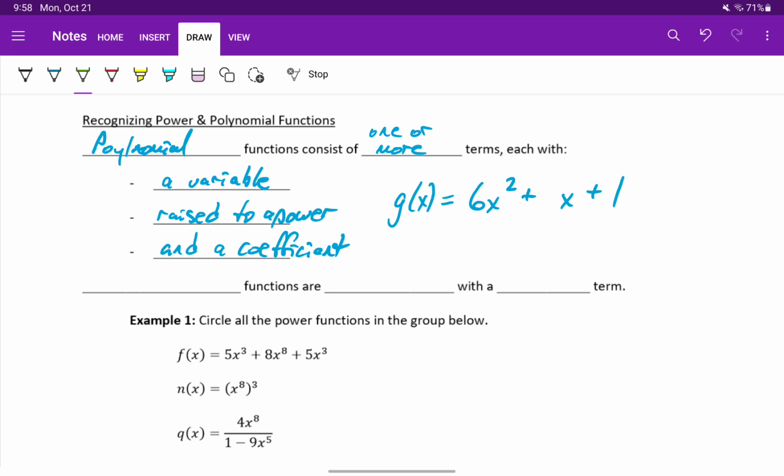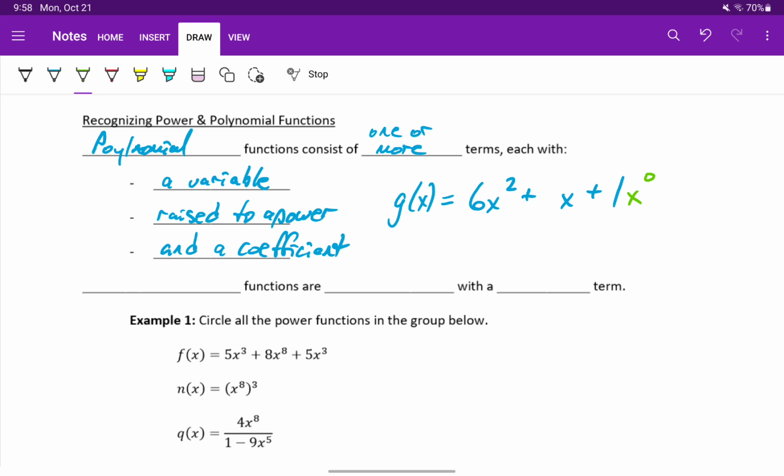This is a polynomial because it has one or more terms, each with a variable, though if we look at that last term, it's just plus 1. The reason we say this has a variable is because we could include here x to the 0 power. We don't because anything raised to the 0 power is just 1, but that concept is still there.